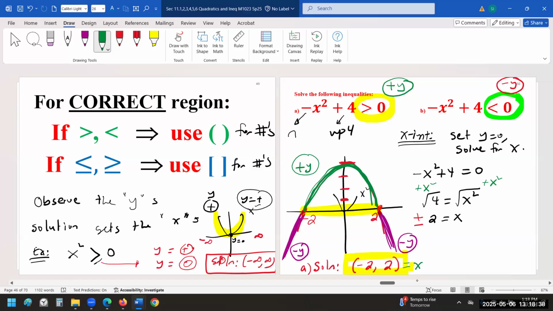We don't write y here. Usually the normal is y equals negative x squared plus 4. And then we take out the y and you say, well, this is bigger than 0. Means y is bigger than 0.